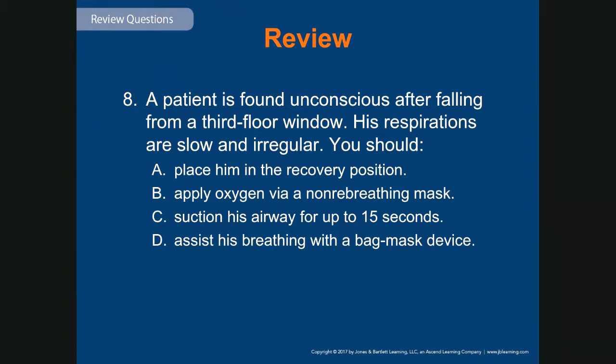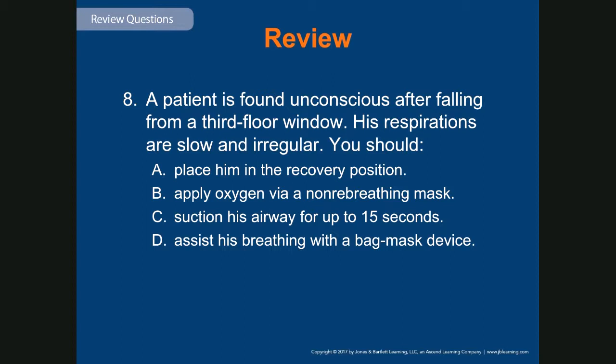A patient that just fell from a third floor window. Recovery position. Isn't that a spinal injury patient? Sir, yes. You want to try again? Yeah, I'm trying again. Just give me 2 seconds. You might not have so much time, but go ahead. All right, I'll go with D.